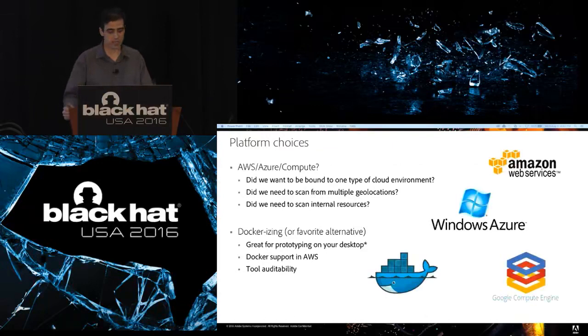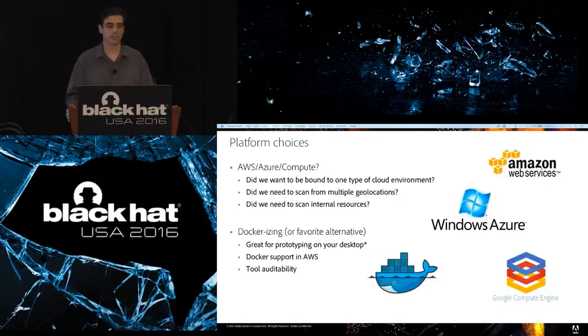And when you're talking about whether or not you're going to run on Docker, platform choices come up. A lot of security automation tools get deeply integrated into AWS because that's where a lot of people are. But the industry is starting to move towards multi-cloud, or you acquire a company that's in a different cloud. And so do you want to be using AWS's queuing system, or do you want to use your own queuing system?